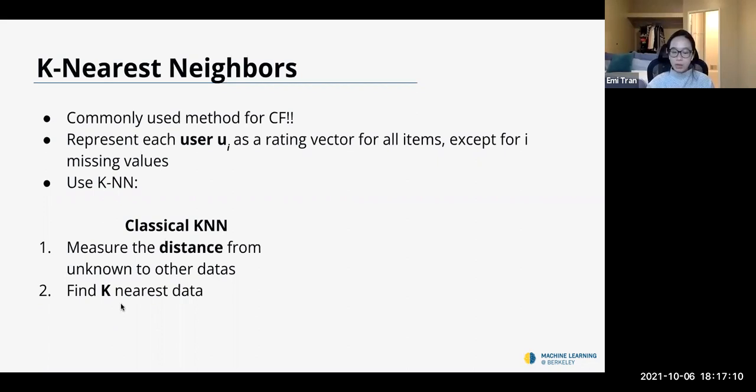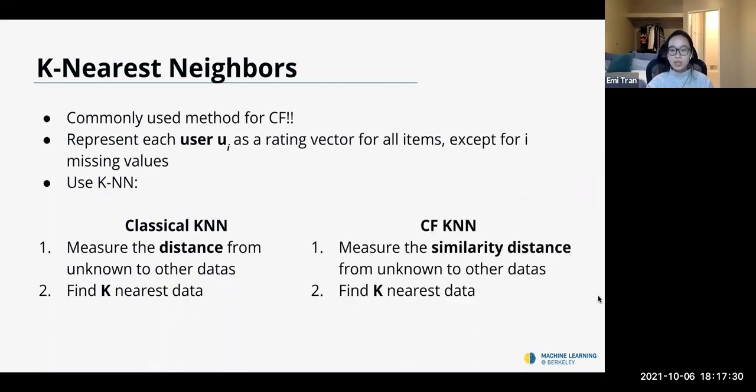And in order to determine the K nearest neighbors to you, you need some distance measurement. Usually Euclidean coordinate distance is used for the classical KNN problem. But for collaborative filtering, the difference is that we're using similarity distance, which I'll go into very quickly. Similarity distance tries to find how similar two rating vectors are.